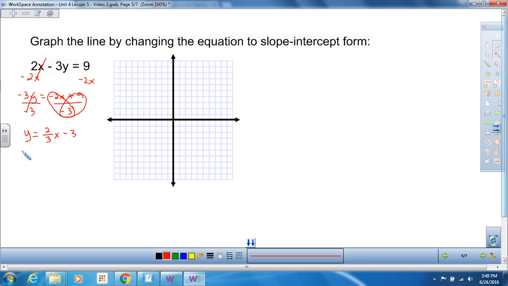So now that it's in slope-intercept form, your slope is 2/3. Your y-intercept is negative 3. So that means find other points. So you go up 2, right 3.